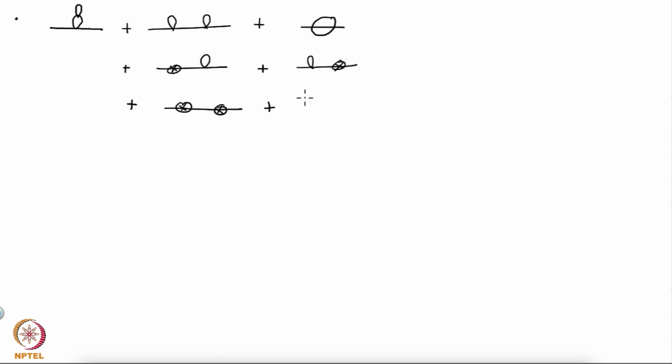And then also you have the following. Suppose you take this 4-point vertex. You remember this is order lambda r square. Let me show you.